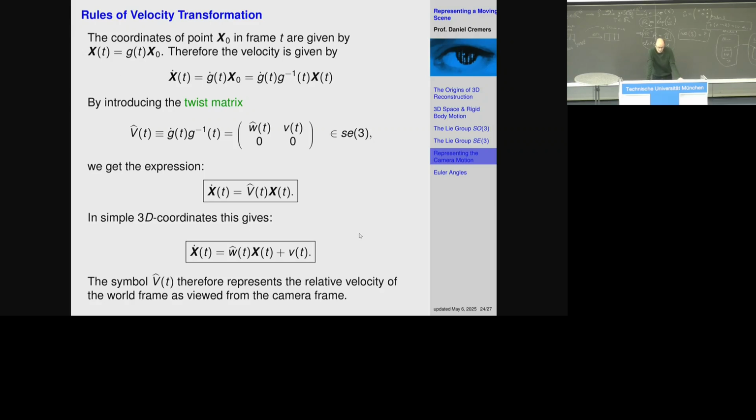Maybe one thing that you can consider is how velocity is transformed. So let's say I have objects that move and I observe their velocity in one frame, and then I have a different frame that is different from the first one. How is that transformed? So let's say we have a point x0 in frame t, and the coordinates over time of that world coordinate point are given by x_t equals g_t times x0.